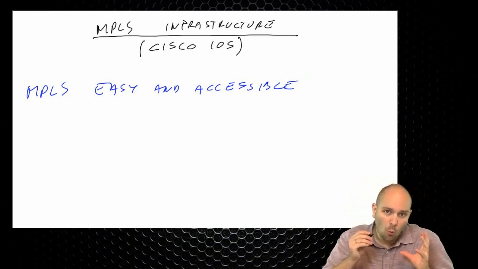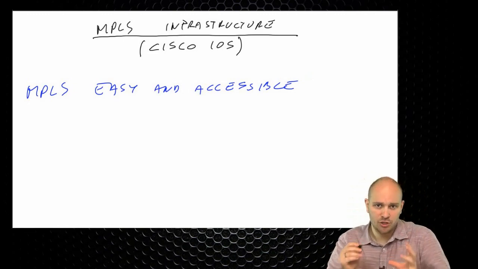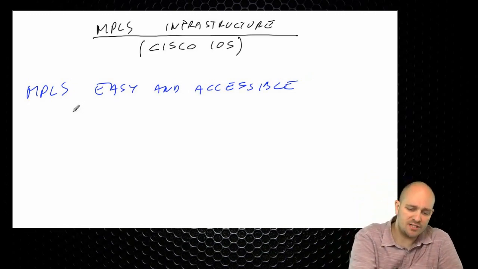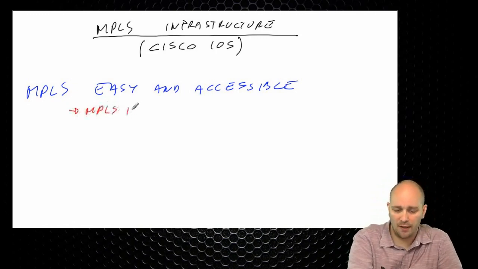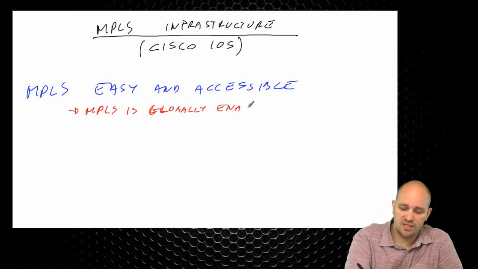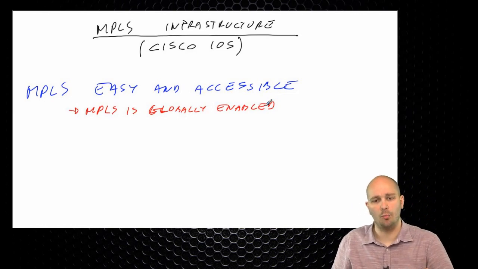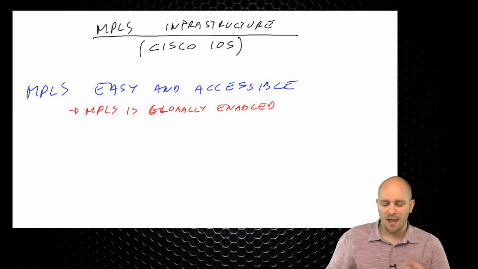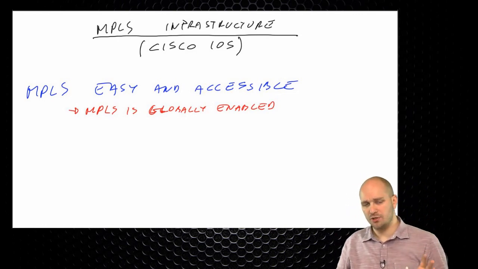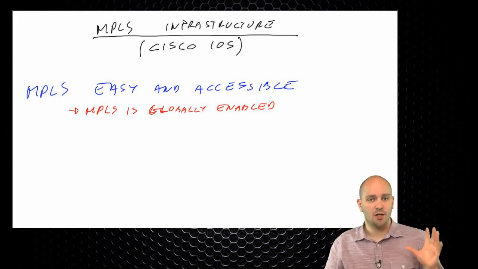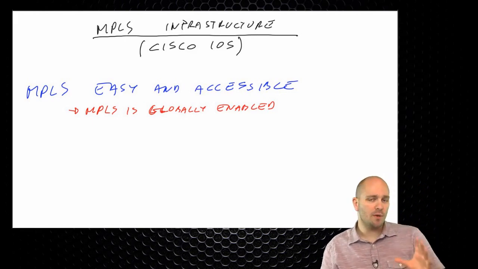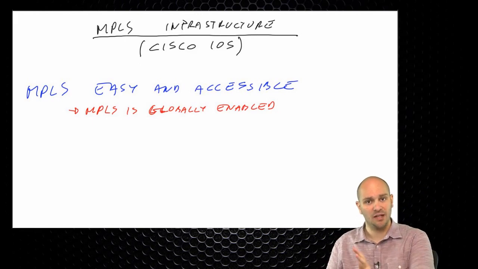Now, how did they approach MPLS in IOS? Well, first things first, MPLS is globally enabled on all Cisco routers. What I mean by MPLS being globally enabled is that MPLS is there, all the functions of MPLS are ready to start working the moment you enable MPLS on any of the interfaces.